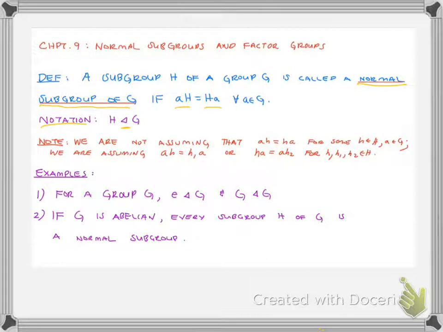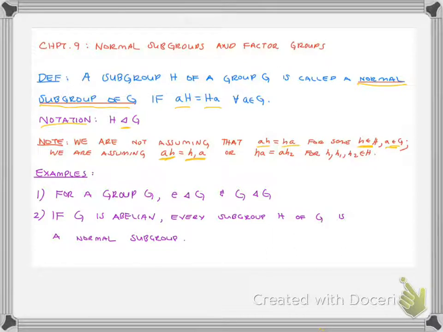Something to keep in mind: if a subgroup is normal, we're not assuming that ah equals ha. What we are assuming is that for all a in G and h in H, when we take a composed with h, some element in H, it's going to equal some h1 composed with a.